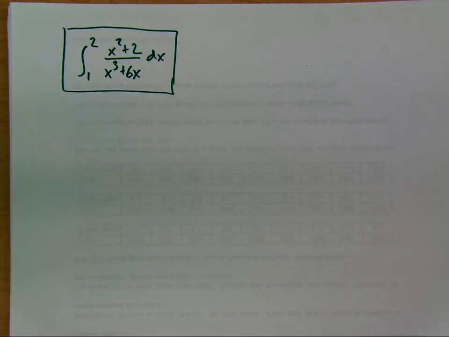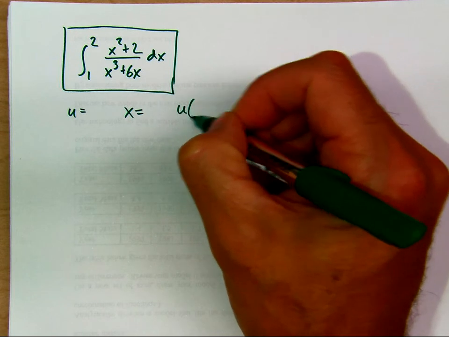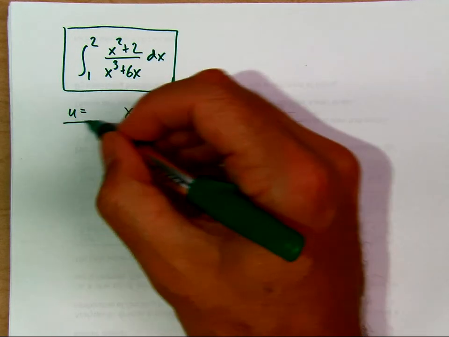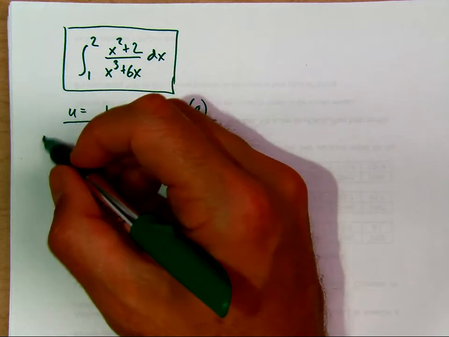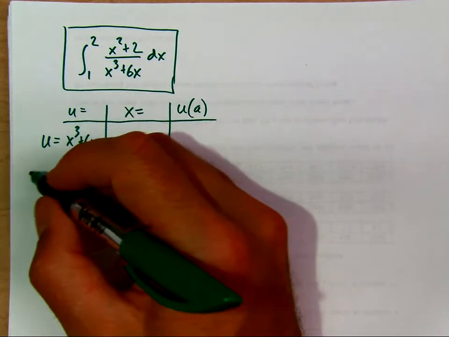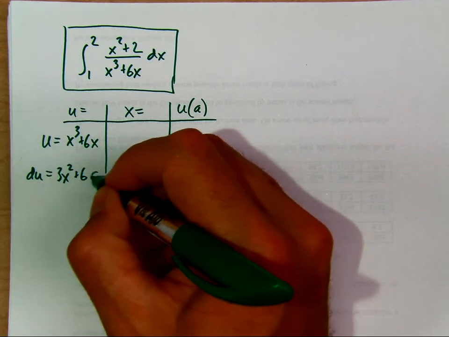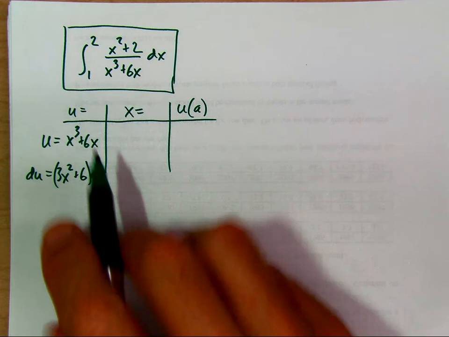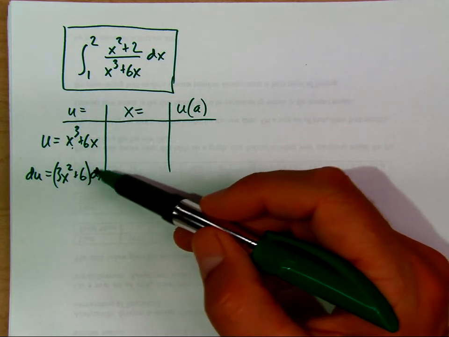Here we'll just substitute and hope that the x cancels. So we'll start with u equaling the denominator. And we take the derivative of each term. Here's the derivative.